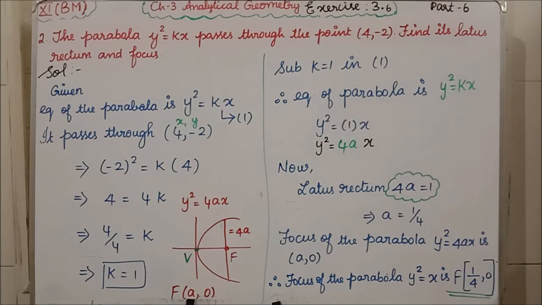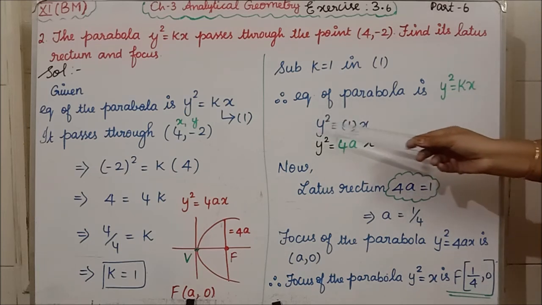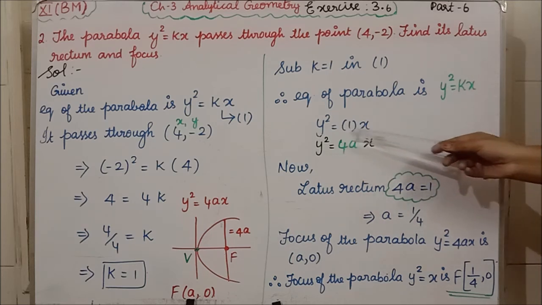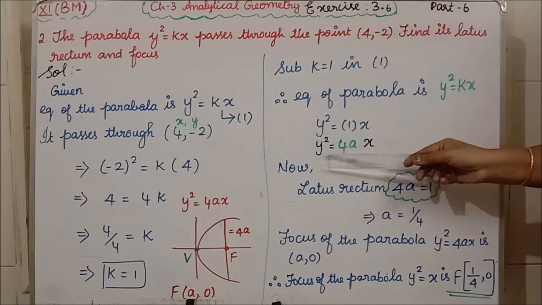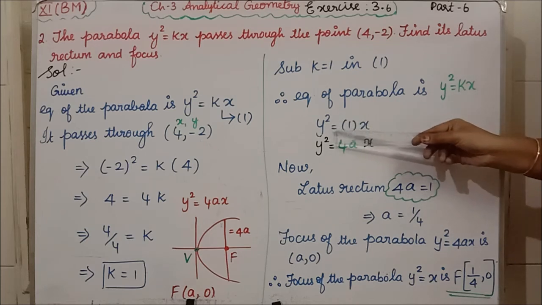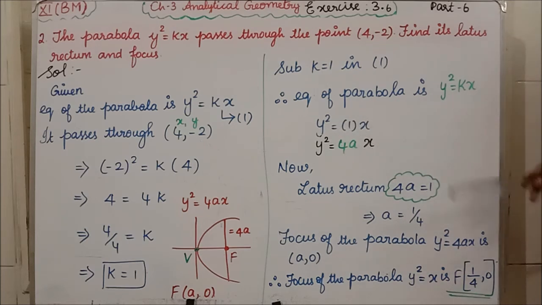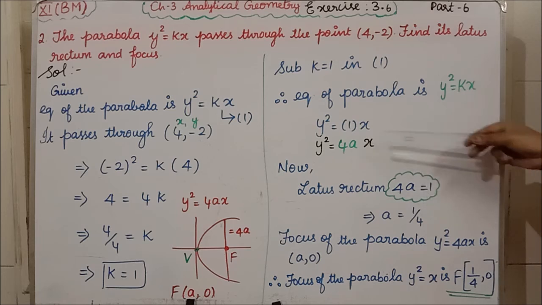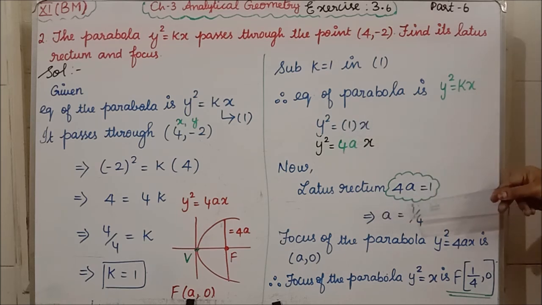This is the general equation of the parabola which opens rightward, y square equal to 4ax. In the place of 4a we have 1. Already I told you that for open rightward, the length of the latus rectum is 4a, so 4a is equal to 1. From this we get a value 1 by 4.